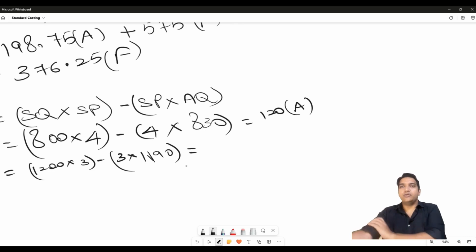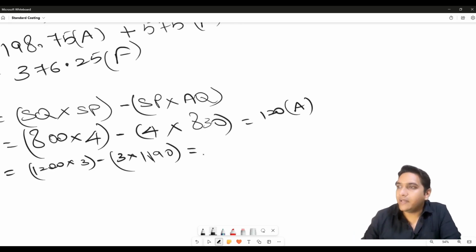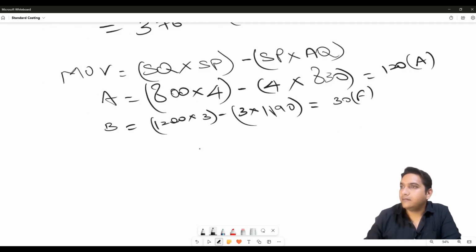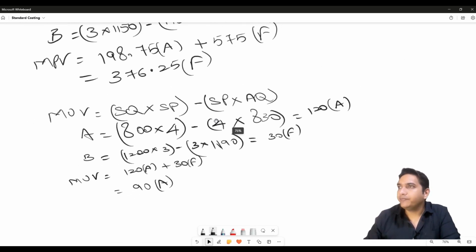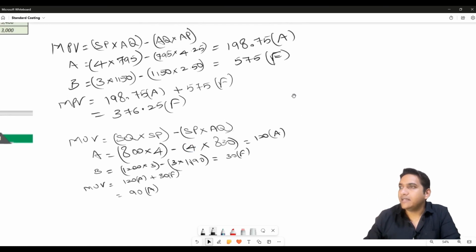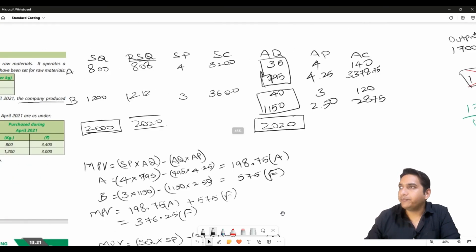Our variance is going to be 30 favorable. So total material usage variance is going to be 120 adverse plus 30 favorable, which would come to 90 adverse, right? How do we know it is adverse? Because the result is negative.